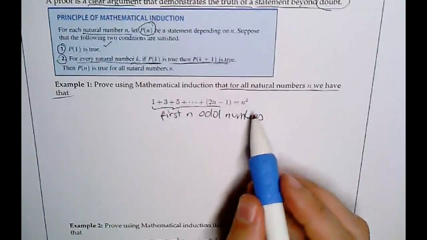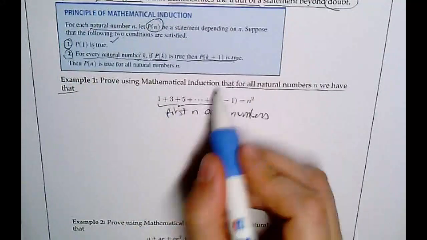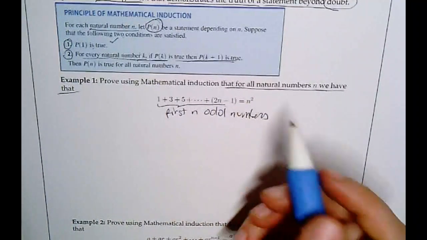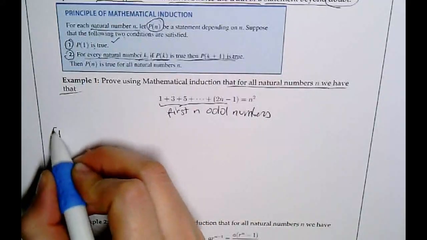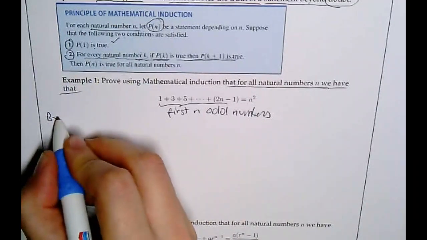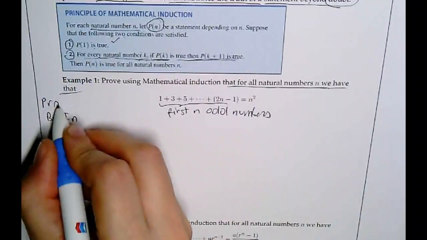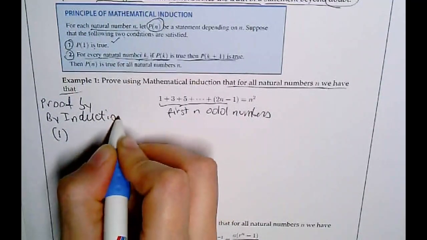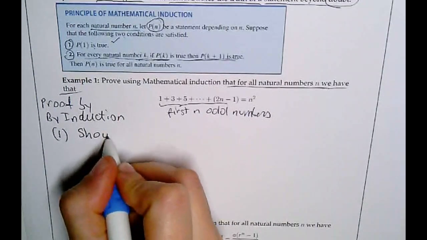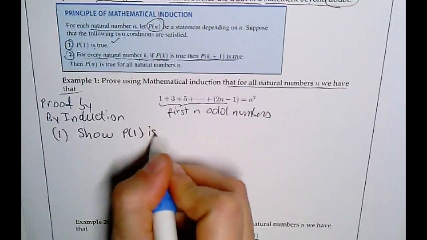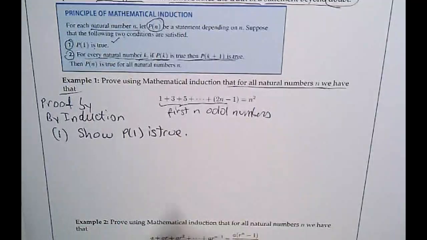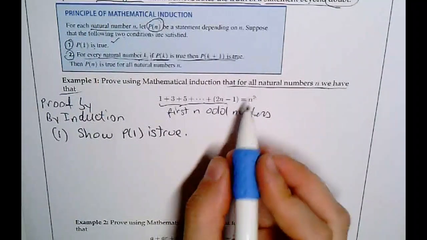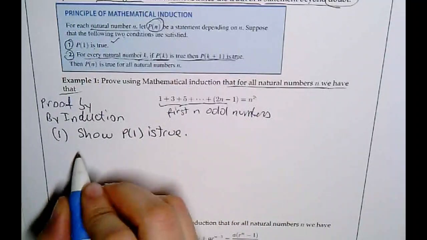So in order to prove this, I made a conjecture by looking at the first 5 n's, and I saw that it's equal to the perfect square. But to actually prove it, we have to do it by induction. So we're going to do proof by induction. Show P of 1 is true. So I'm going to replace n equals 1 in both the left-hand side and the right-hand side, and I need to get a true statement.